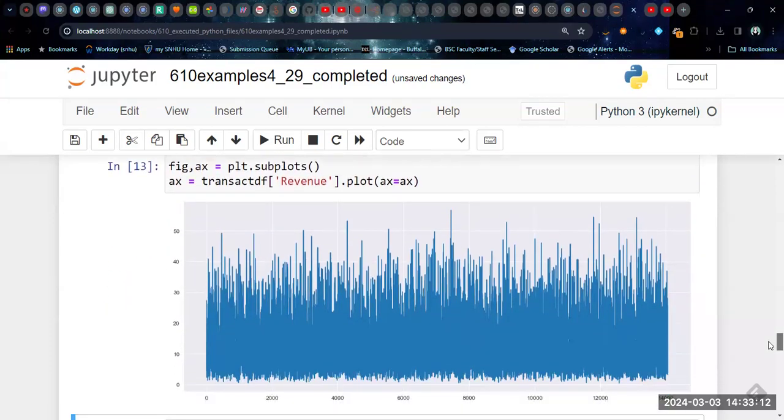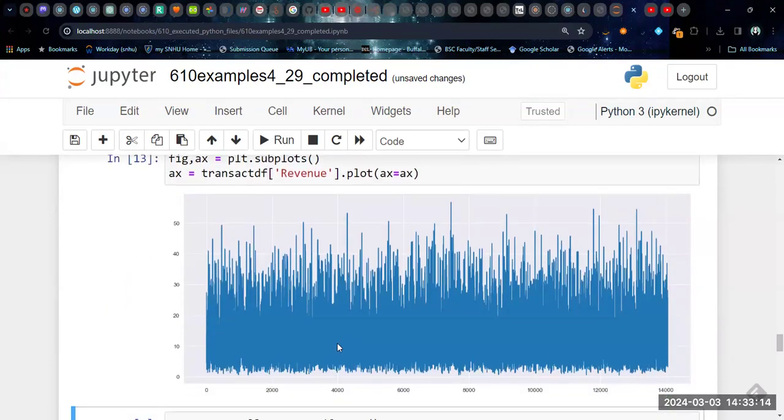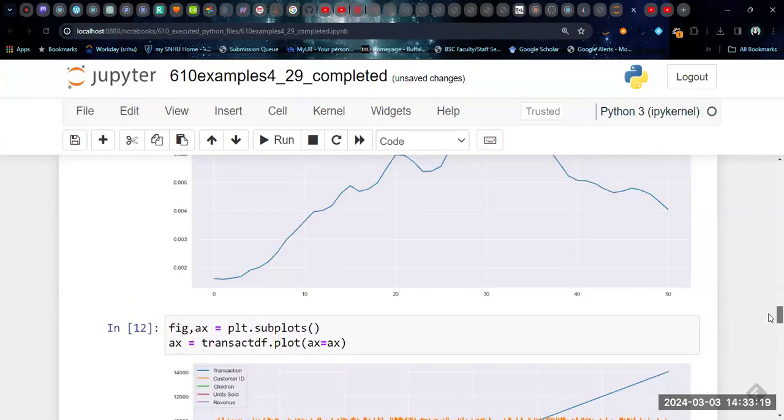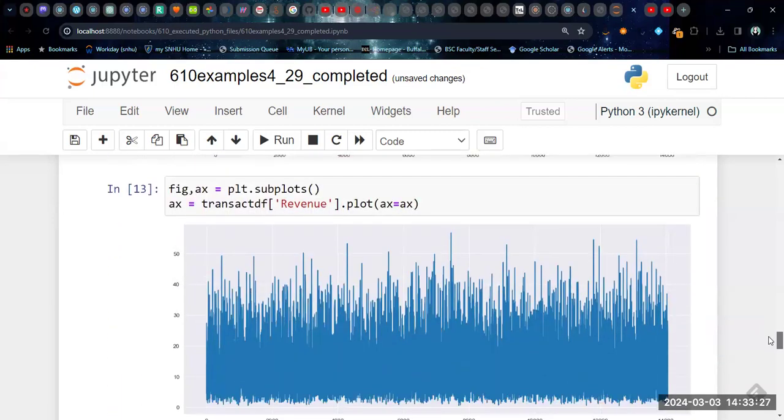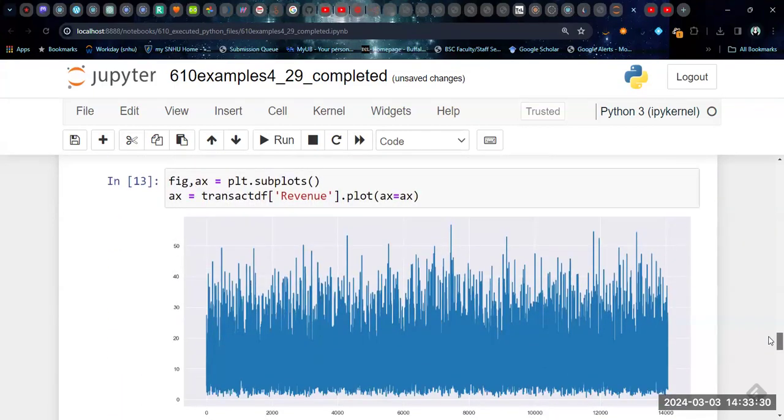And when you pull out all of the other variables and you just plot revenue, this is also not very sequential. This looks very different than our crime data, which is clearly meant to be a sequential process. Here, it's just random and all over the place.